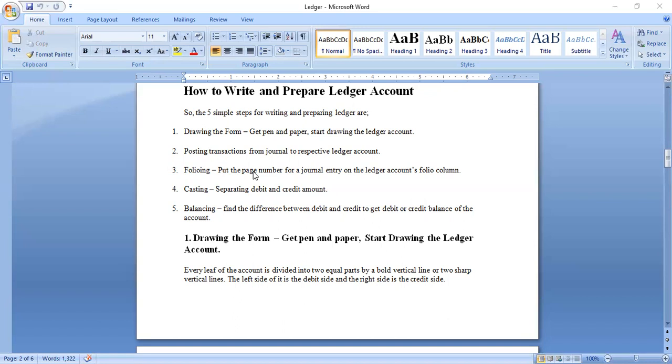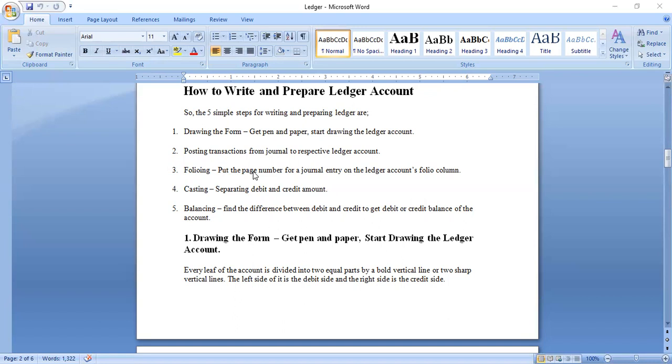So now we can easily draw the form, which is called a T form, and which is called the vertical form or balancing form.